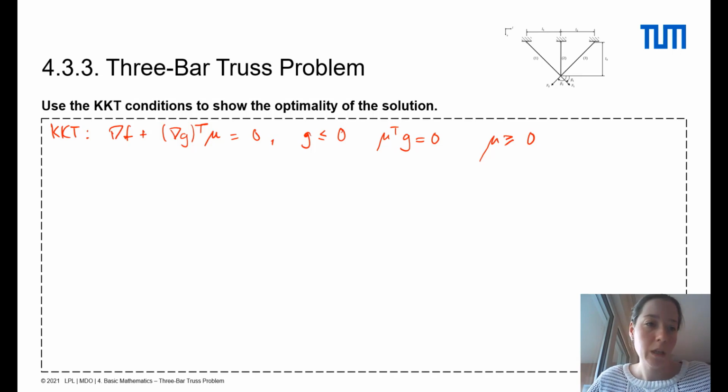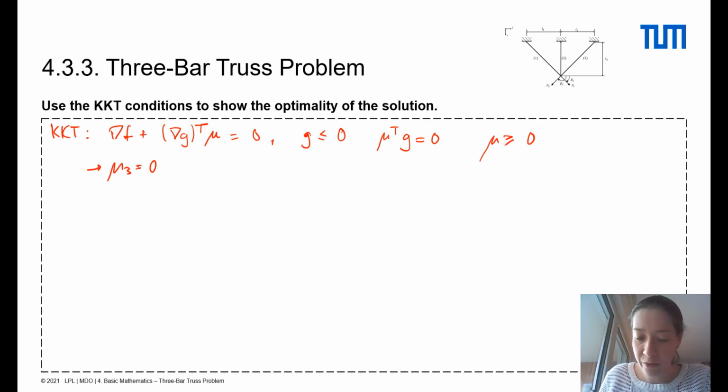So we've shown in the last task that g1 and g2 were 0. So we know by that our mu3 is 0. We know that mu3 is 0.